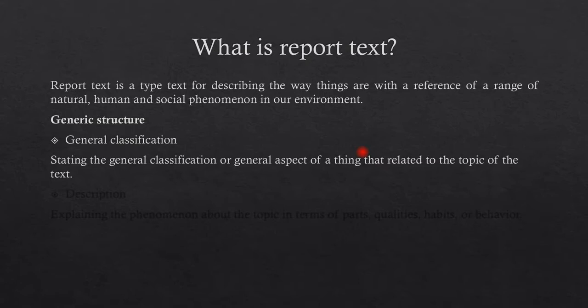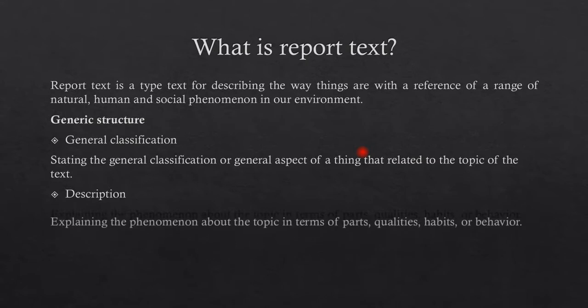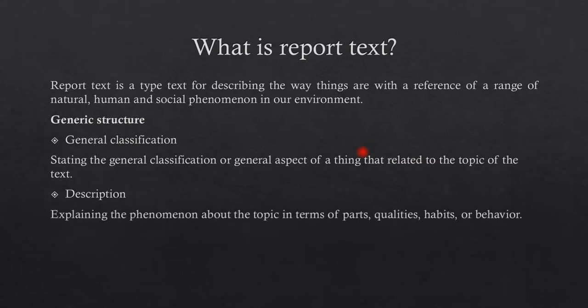And later, in the second paragraph, you're going to have description. In the description, you explain the phenomenon about the topic in terms of parts, qualities, habits, or behavior. We used the example of Siberian Husky before.